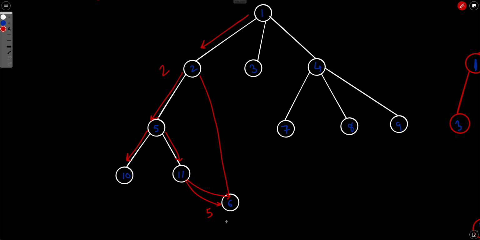Like after this, the parent of 6 is now 11, and after exploring everything here, we will go back to 5. 5 has everything explored, we will go back to 2, right? And now at 2, we will discover that 2 also has an edge which goes to 6, because we discovered it late, right? That's the point.